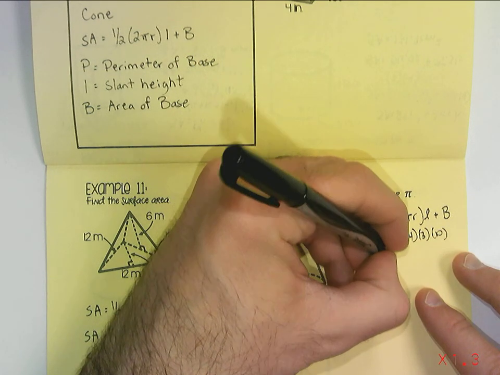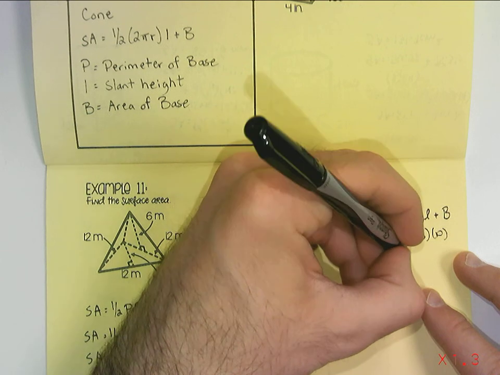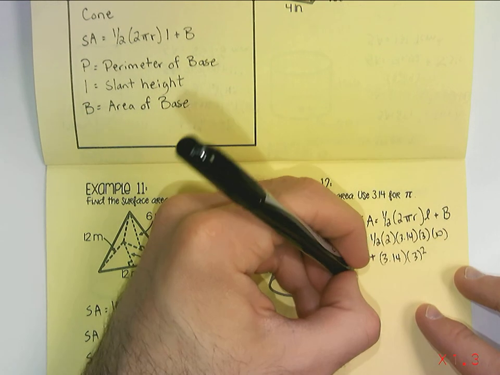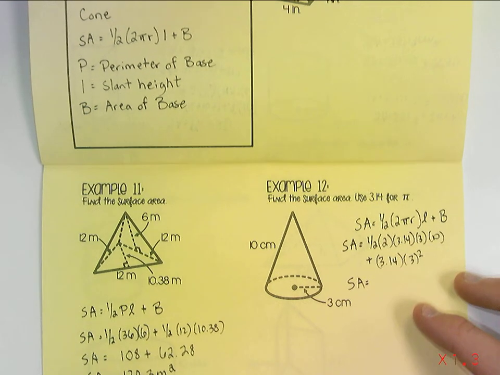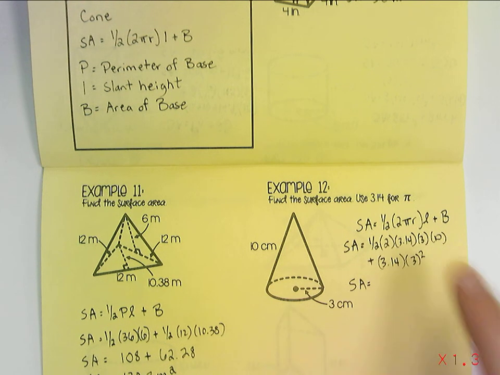So 3.14 times 3 squared. Again, just a bunch of multiplication, so I'll do that first part, which is 2 times 3.14 times 3 times 10.